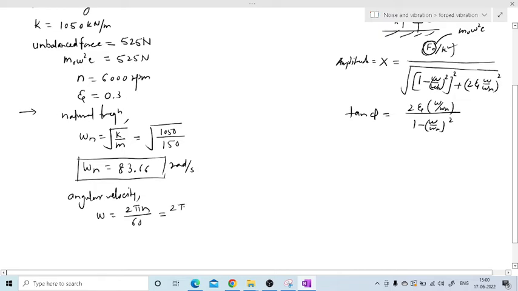So 2 pi times 6000 divided by 60. This comes out to be 628.31.